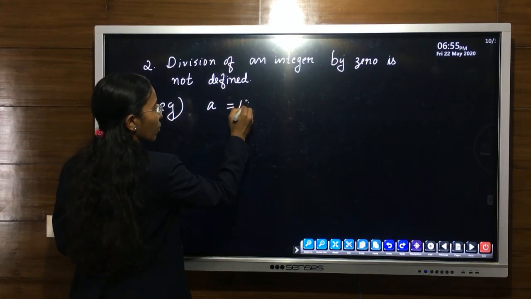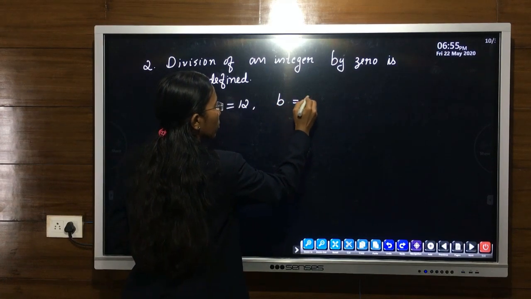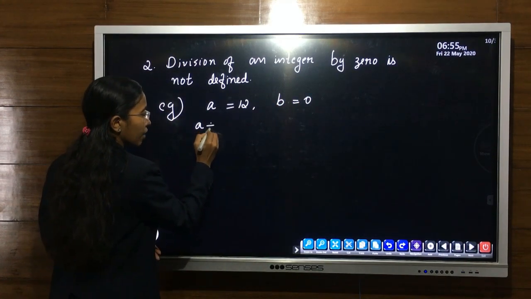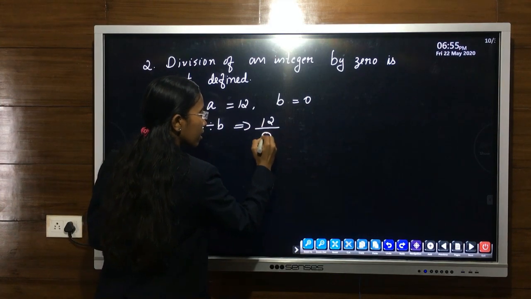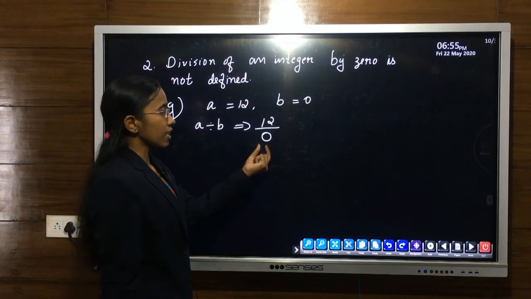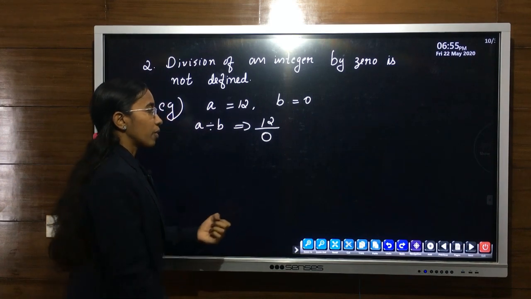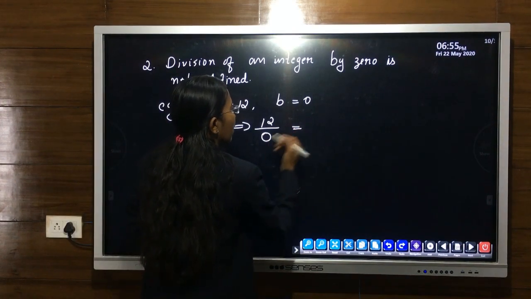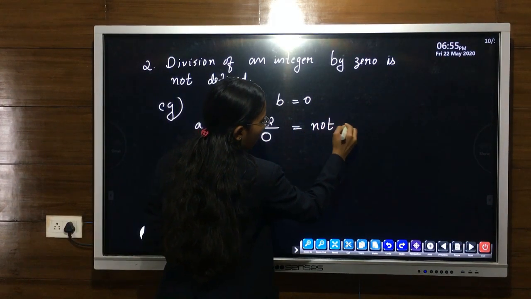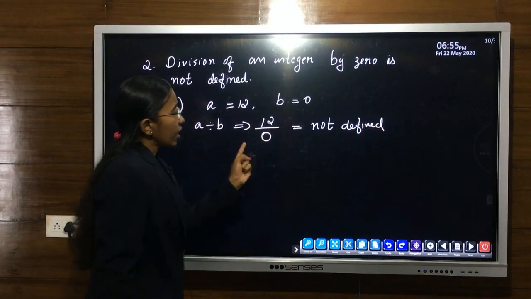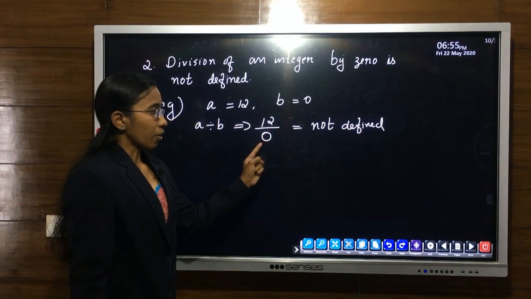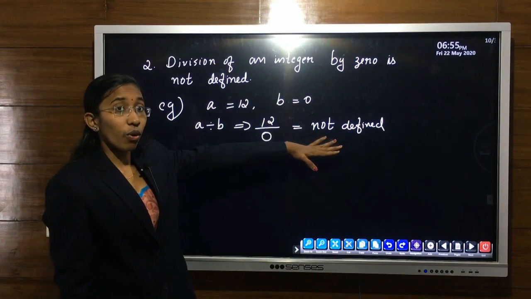In that case a is 12 and I am taking b equal to 0. Then what is a divided by b? A divided by b means 12 divided by 0. Here our denominator is 0 and numerator is 12. In this case our answer is not defined, which means when our denominator becomes 0, our answer is always not defined.